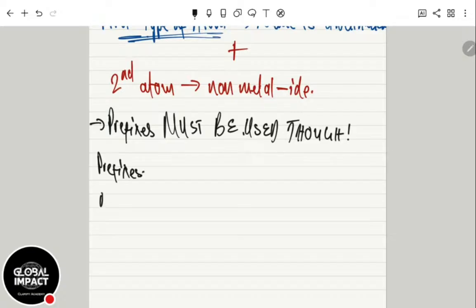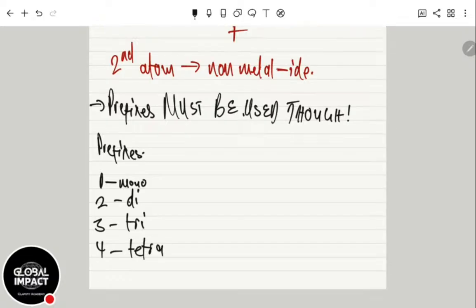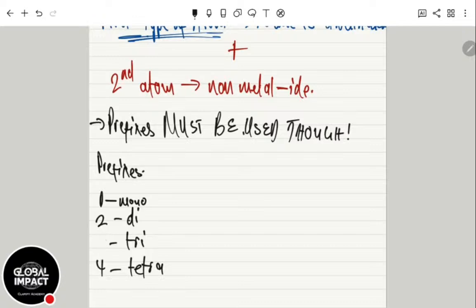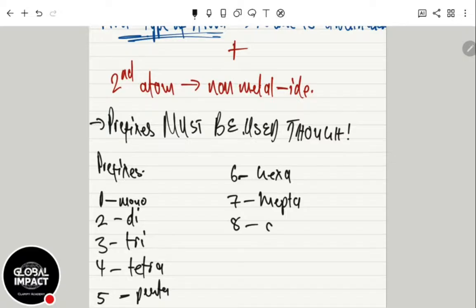When we have 1, we say mono. 2 is going to be di. 3, tri. 4, tetra. 5, penta. 6 is hexa. 7 will be hepta. 8 will be octa. 9 will be nona. And 10 will be deca.